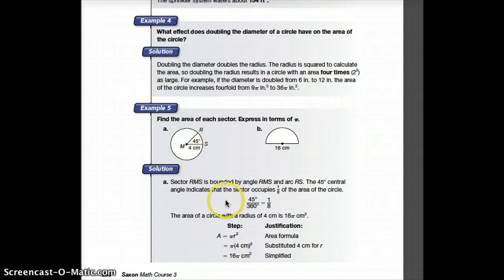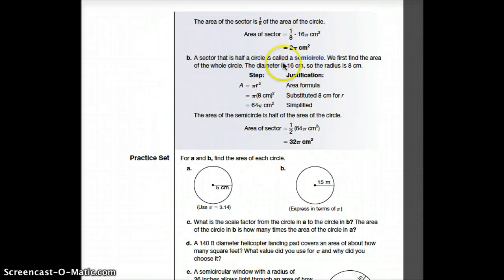They went in and divided by 45, so that's 1/8. So you find the area of the circle. Area is equal to pi r squared. The radius is 4, right? So pi times 4 squared, which is 16 pi. And then you multiply by the fraction, the 1/8. And that's why we got 2 pi.